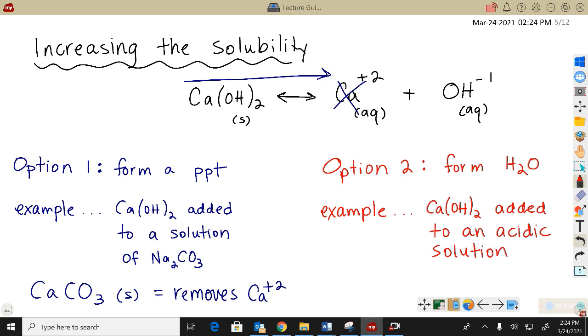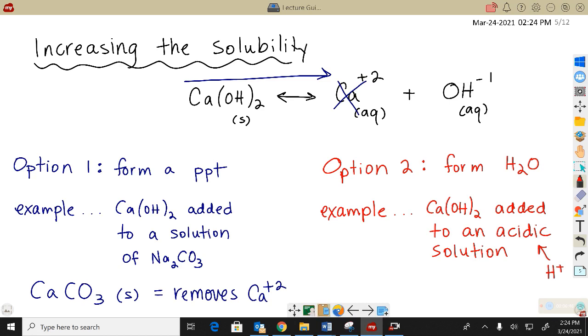What if they said something like, you're going to add that calcium hydroxide not just to water, but to an acidic solution? But an acid contains hydrogen ions. An acid contains hydrogen. Do you see what would happen here? Obviously, hydrogen has no interest in reacting with calcium.